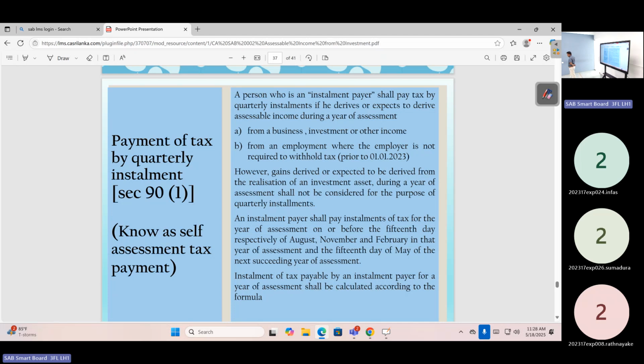Tax needs to be discharged by quarterly installment. That is who an installment taxpayer is. This tax liability needs to be discharged by quarterly installment.